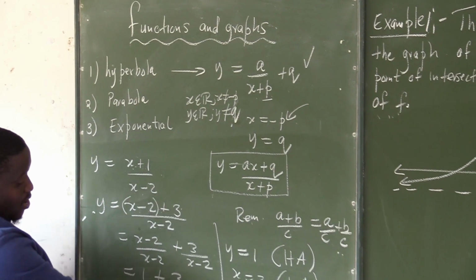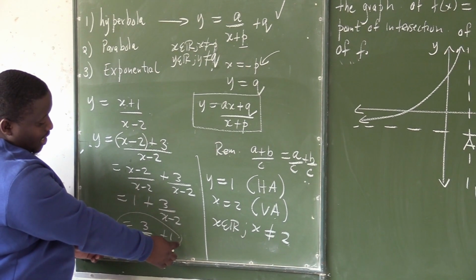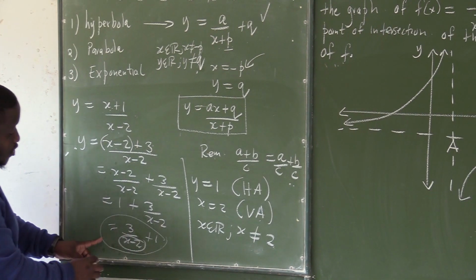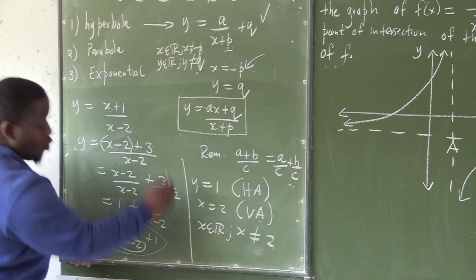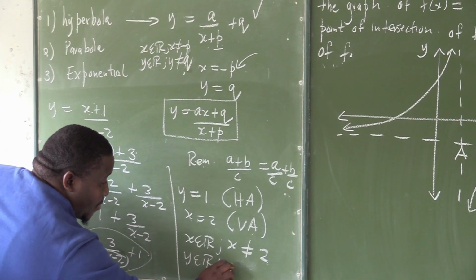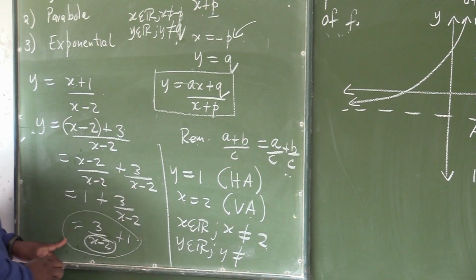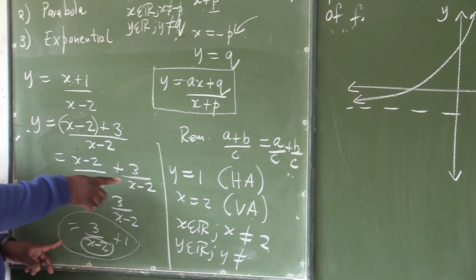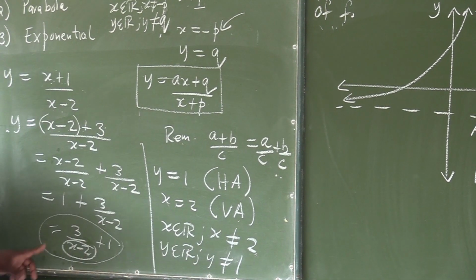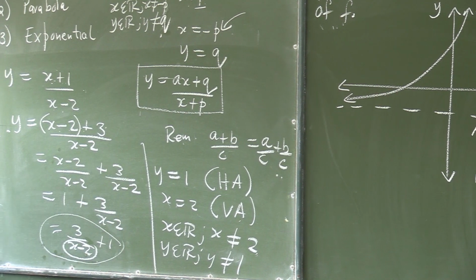If we are looking at this graph, what is going to be your range? My range is going to say, refer to this one, y is an element of real numbers, but y cannot be equal to what now? The horizontal asymptote. What is my horizontal asymptote? It's 1. It means y cannot be equal to 1.